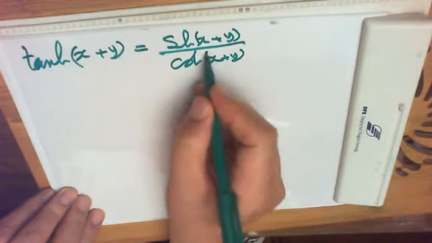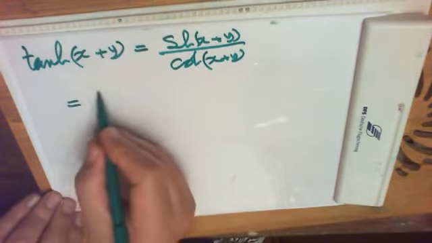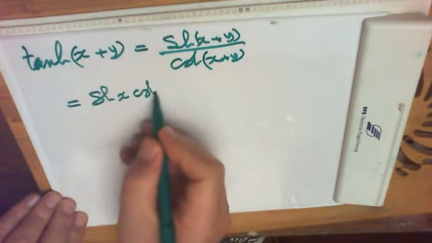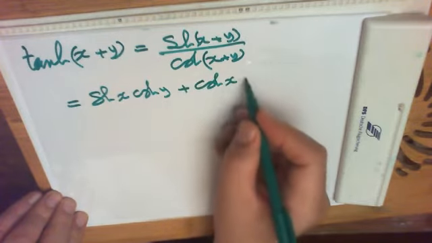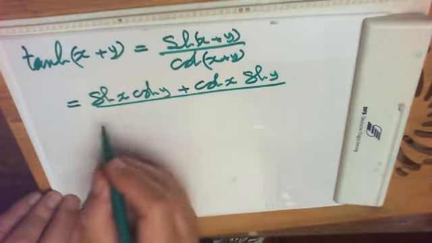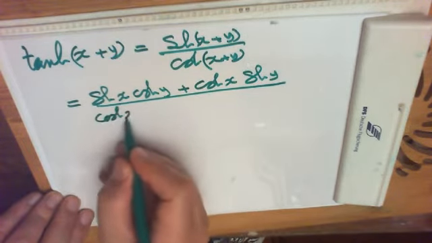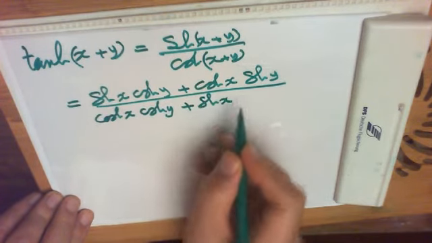But we proved that sine(x plus y) is sine x cosine y plus cosine x sine y, and cosine(x plus y) we proved is cosine x cosine y plus sine x sine y.